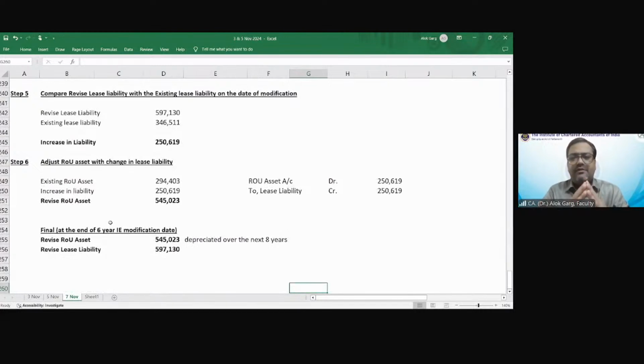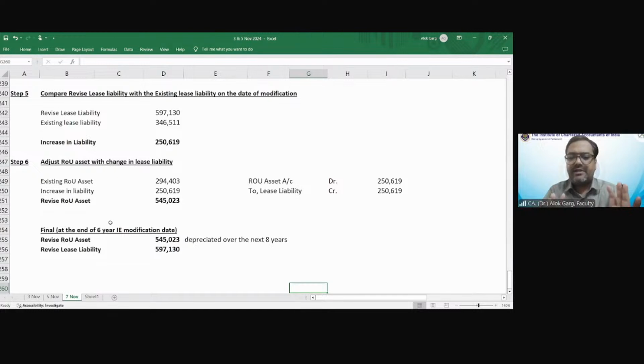So Anu, first of all, in this question, I have shown you the modification accounting only up to the date of modification, till the time of modification. I have not shown you the accounting subsequent to the modification. What will happen after the modification?